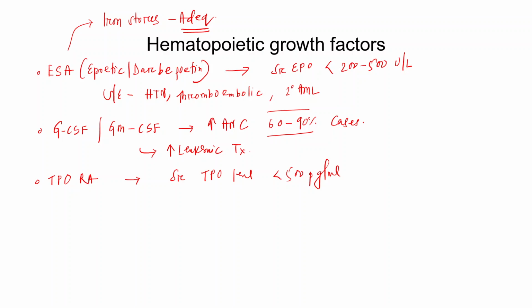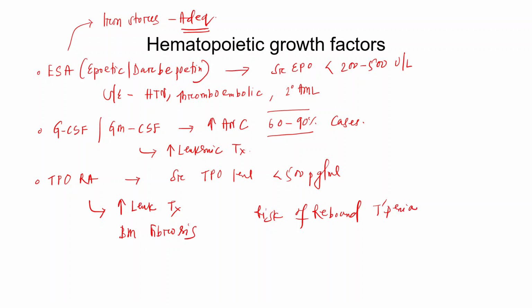However, doing a serum TPO level is not widely available. So if the patient has thrombocytopenia, you can give a trial of TPO-RA agonist. Side effects include increased risk of leukemic transformation and bone marrow fibrosis. Also, there is a risk of rebound thrombocytopenia while stopping the TPO-RA agonist.